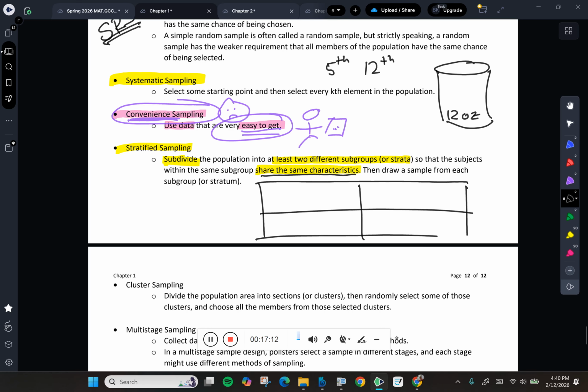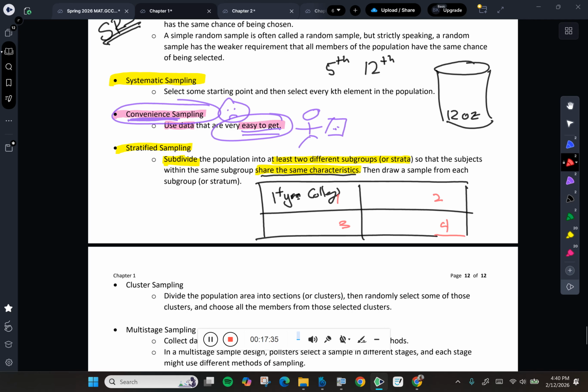So everybody over here has at least 1 year of college. That's a characteristic. And I put everybody who has at least a year of college into these groups. And then I get a sample from here, a sample from here, a sample from here, and a sample from here.